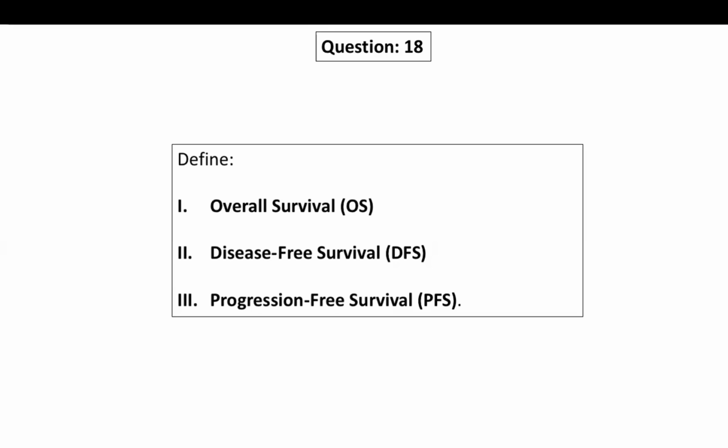Then we calculate the disease-free interval from the end of the treatment to progression of disease or death of the patient. In progression-free survival, we calculate the time interval from the initiation of the treatment allocation to the progression of disease in the metastatic setting. So DFS is used in the adjuvant or curative setting, and PFS is calculated in the metastatic setting.